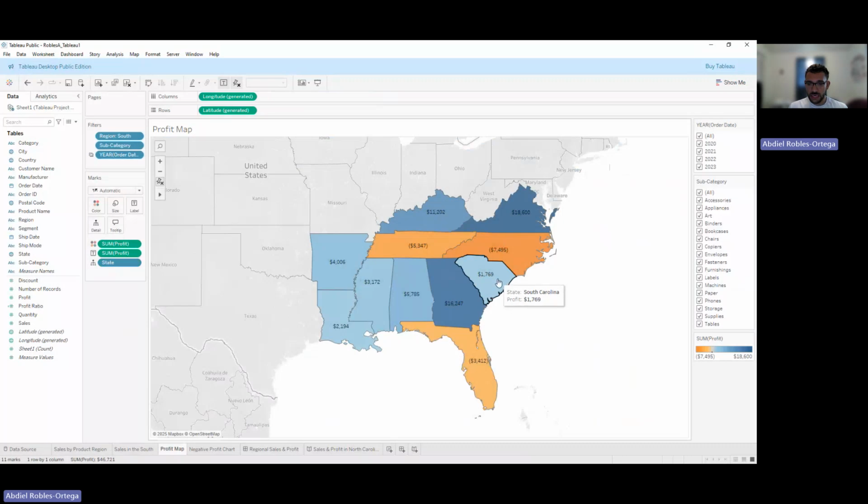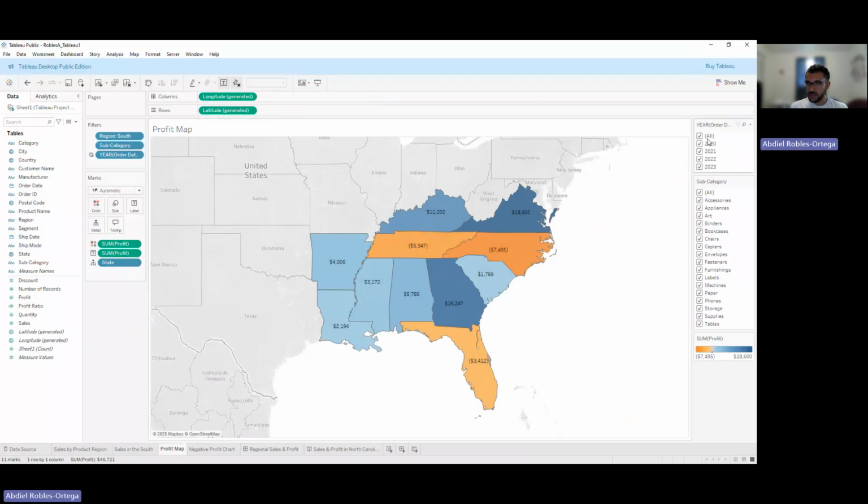States like South Carolina, Alabama, Mississippi, Arkansas, and Louisiana have sales that aren't as high as the top three states. However, they are not seeing negative profits such as Florida, North Carolina, and Tennessee.